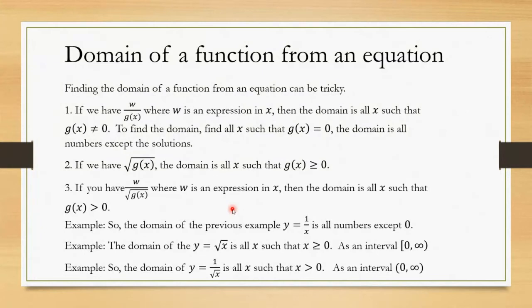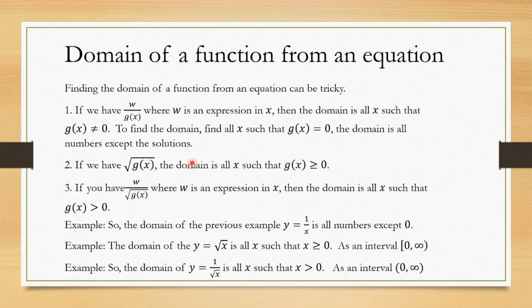I did post last time 3 rules, so to say: you never divide by 0, you never take the square root of a negative number, and if you're dividing by a square root, you also don't want the radicand to be 0. In this slide, I'm posting the same thing essentially, but it's more like a procedure.